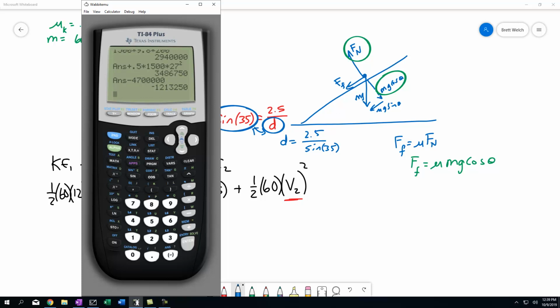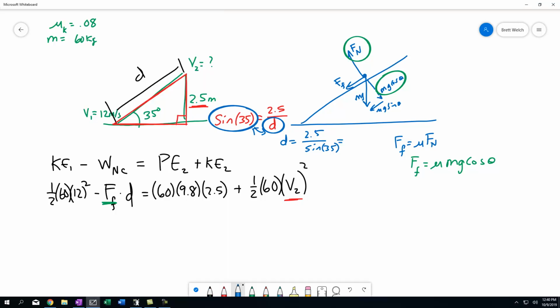This is one where I just want to know the distance. 2.5 divided by the sine of 35. Always make sure your mode's correct. In this I get 4.3586. I think I'll probably go about that far. So my distance is 4.3586 meters.